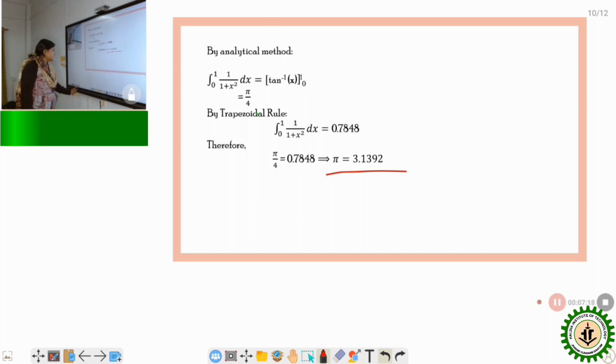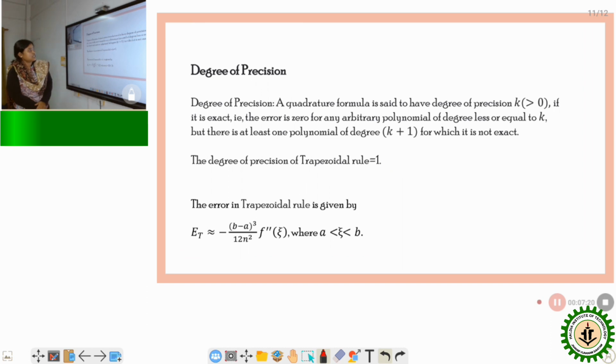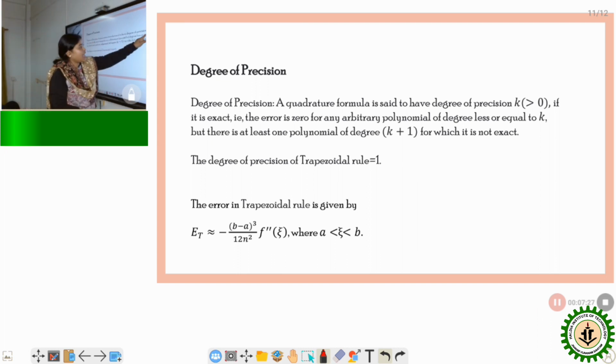Next, degree of precision. So what is degree of precision? A quadrature formula is said to have a degree of precision k if it is exact, that is, the error is 0 for any arbitrary polynomial of degree less than or equal to k.